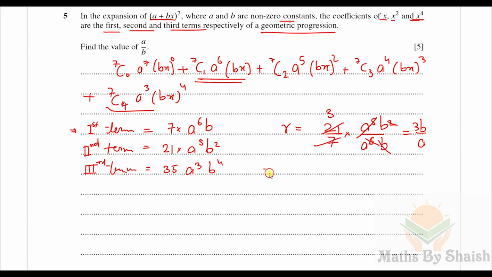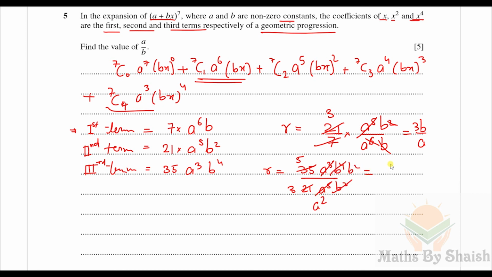And from the second and third terms we got 35 a raised to the power 3 b power 4 over 21 a power 5 b square. So 7 5s are 35, 7 3s are 21. It is a square here, and b square on top.